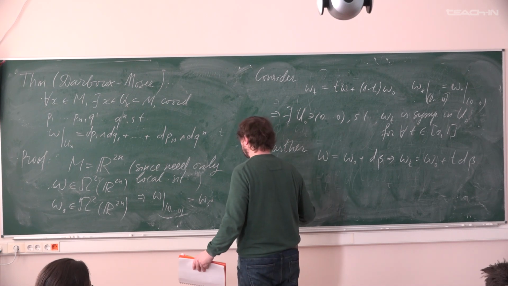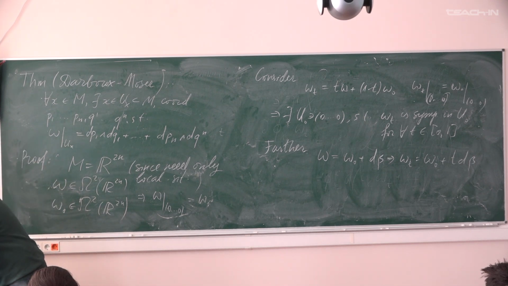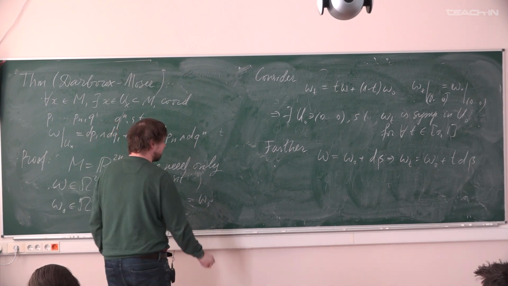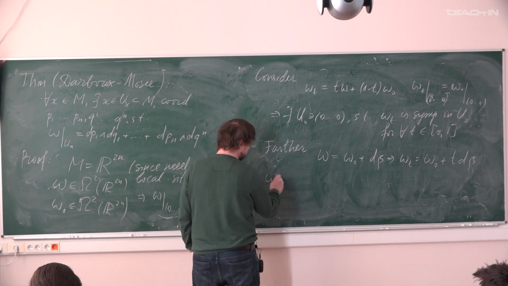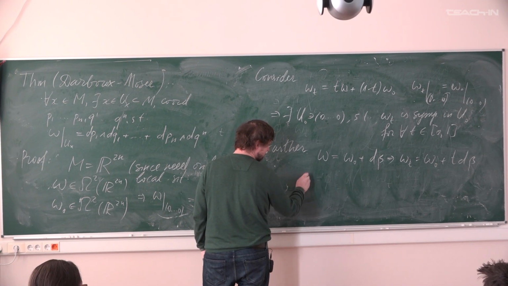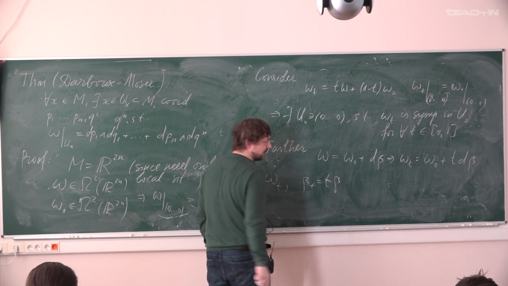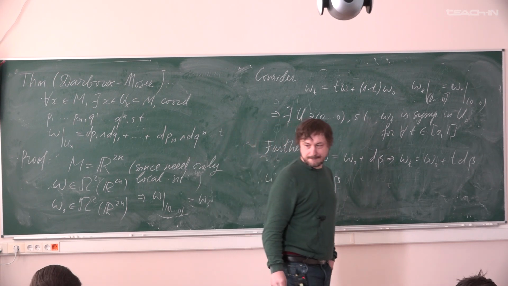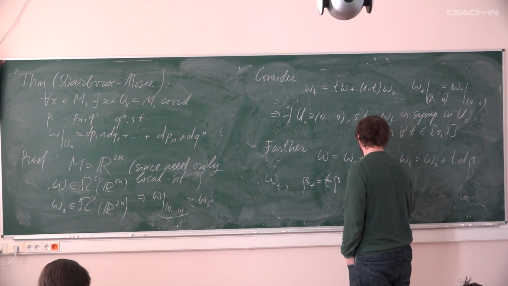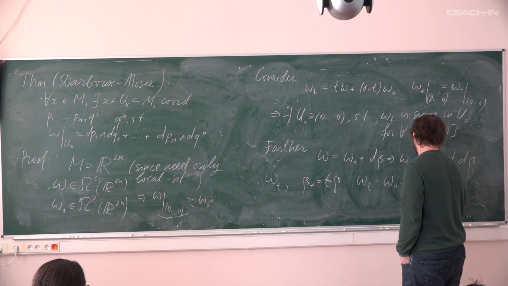So we are now in the situation described by the previous lemma, by the previous theorem. We have a family of symplectic forms ω_t, a family of one-forms β_t equal to tβ, such that ω_t is equal to ω0 plus dβ_t.